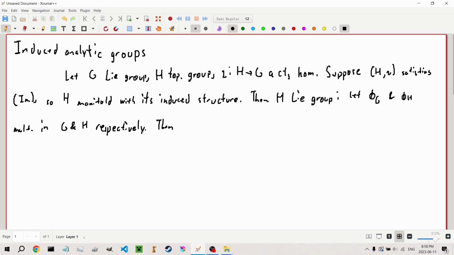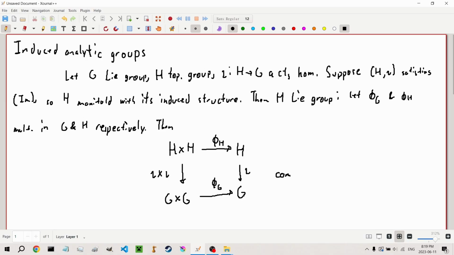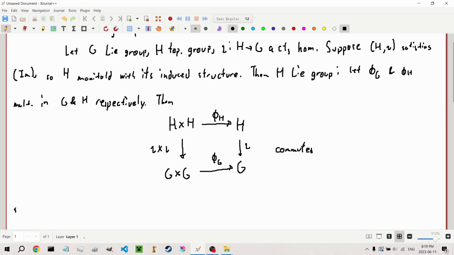Then we have a commutative diagram from H times H. We can either multiply in H to give an element of H, or send this by two copies of our morphism to G and then multiply it in G. This whole thing is going to commute, which makes going from H times H to G by applying G multiplication on iota times iota a morphism.